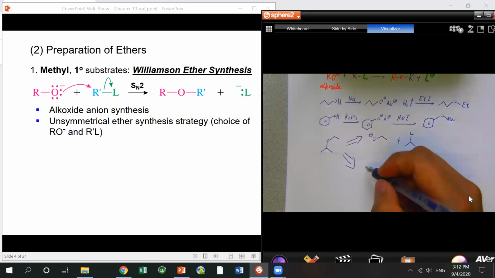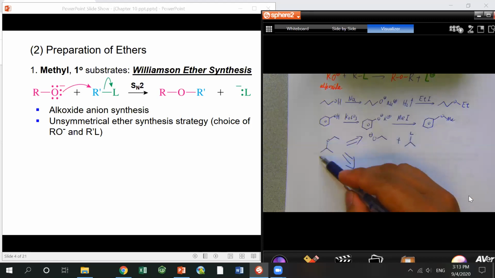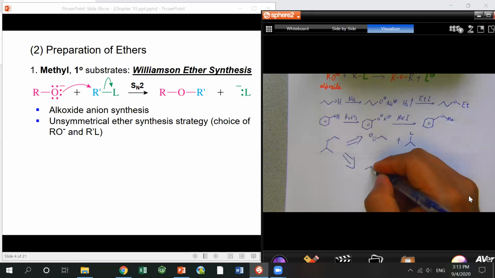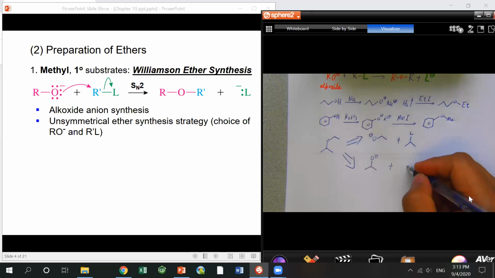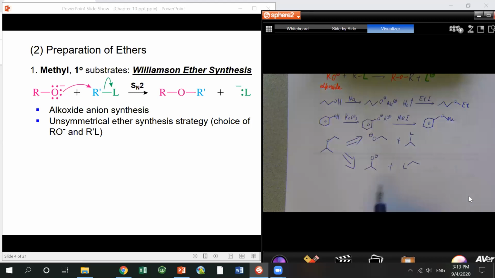In the other, we can use the isopropyl part as the alkoxide and react it with the ethyl group bearing the leaving group. It looks like both can work by SN2, but in reality only one works. Which one is working, the top one or the bottom one? Type in your chat window.